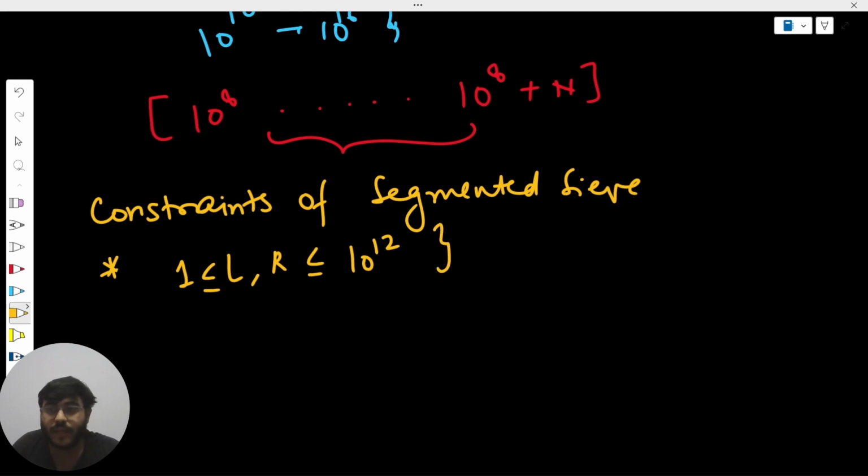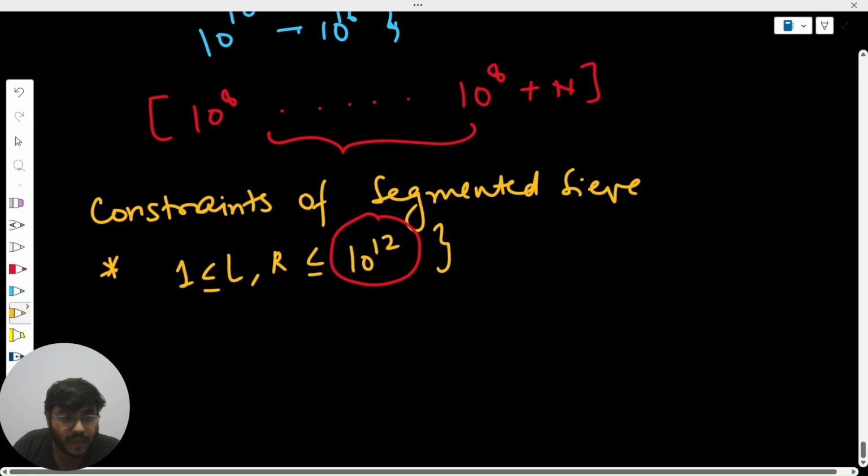Whenever you see such big numbers, you can employ segmented sieve. If your value of R is bigger than 10 to the power of 12, like 10 to the power of 16 or 10 to the power of 18, some other technique is going to be used, but you cannot use segmented sieve for numbers bigger than 10 to the power of 12. That is the first important thing: your L and R can only go up to 10 to the power of 12.